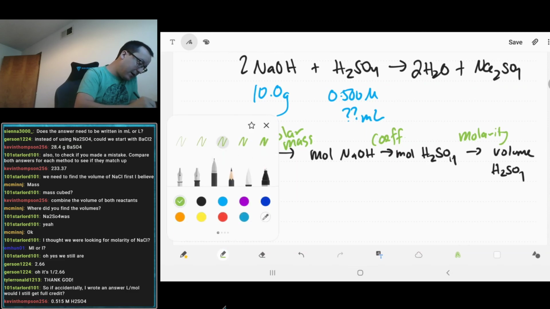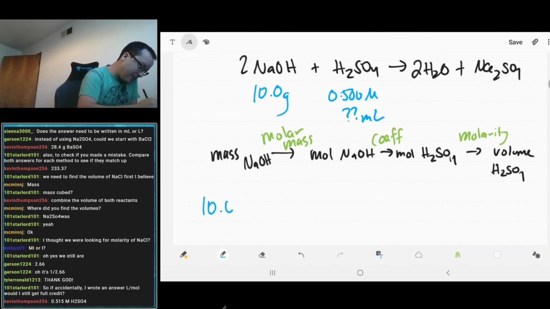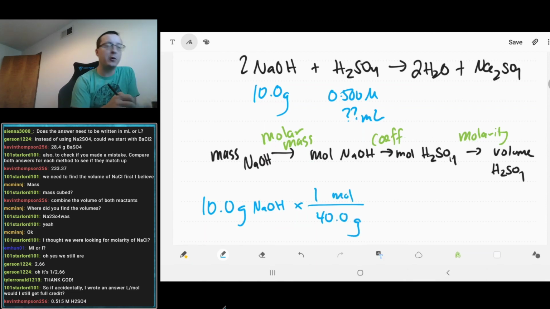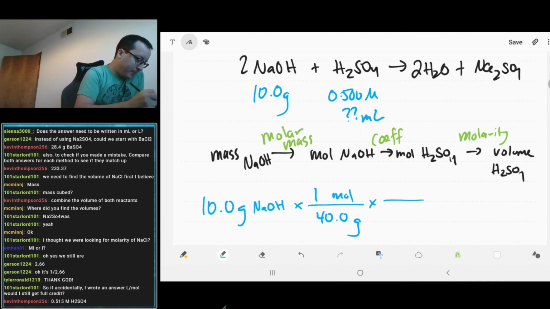So, here we go. 10 grams NaOH. Its molar mass is 40. That's calculated, of course, sodium plus oxygen plus hydrogen. We have 2 NaOH for 1 sulfuric acid.